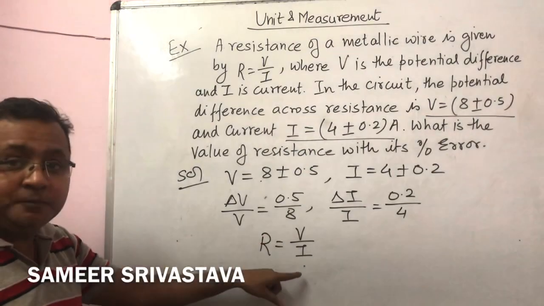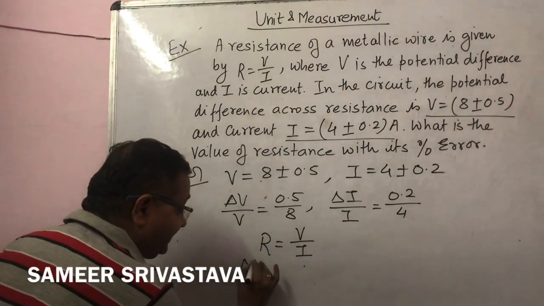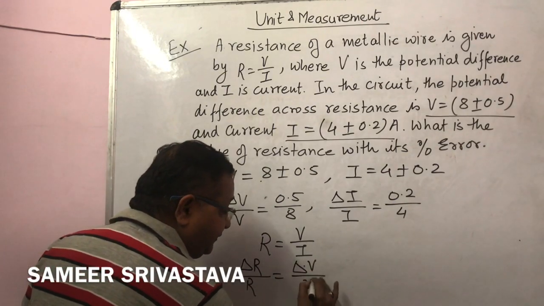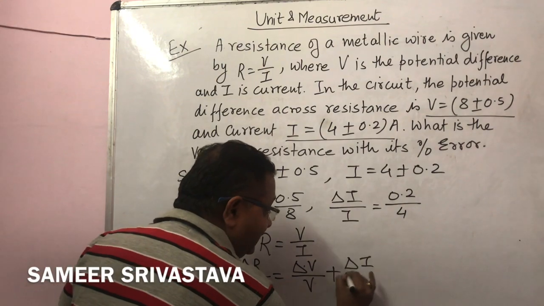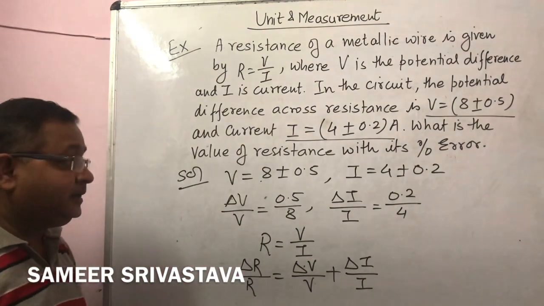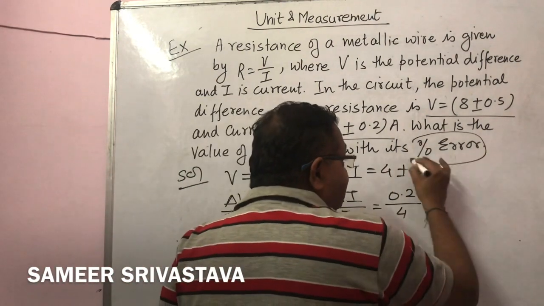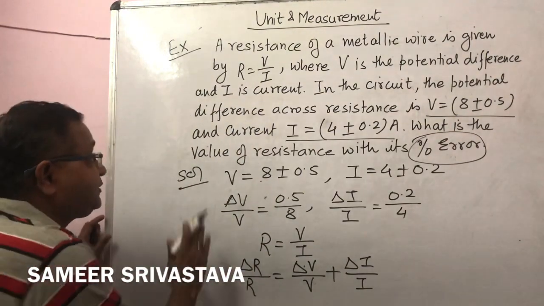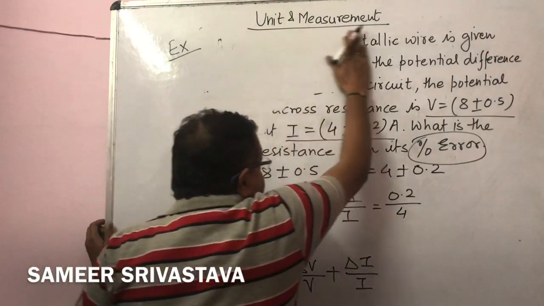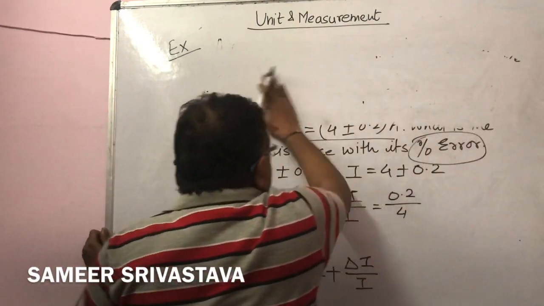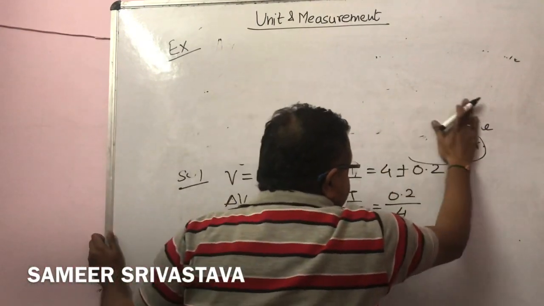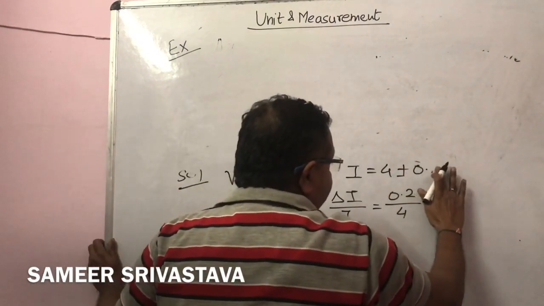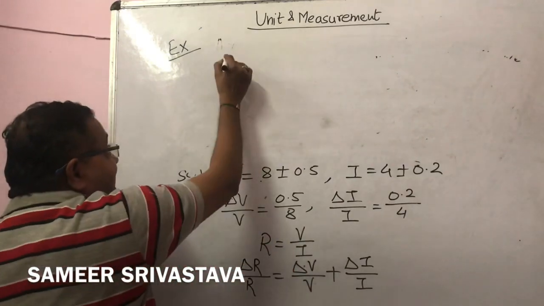This is a quotient form. So if we want to write delta R upon R, what do we write? Yes, delta V upon V plus delta I upon I. And we have to find our answer in percentage form, so we convert this equation into percentage form.